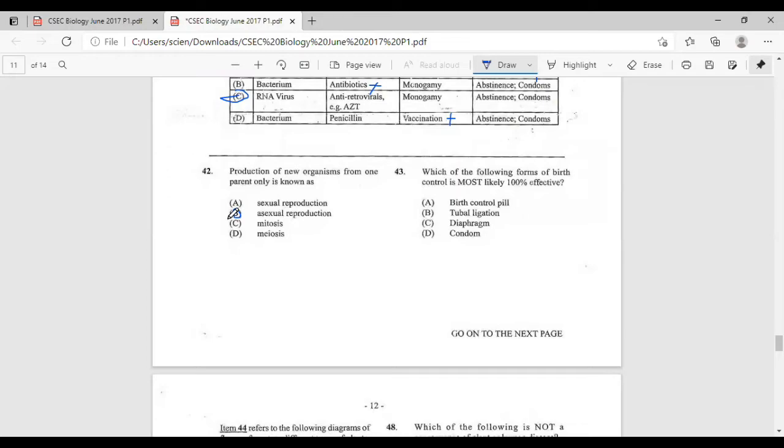Which of the following forms of birth control is most likely 100% effective? So we have A, birth control pill, B, tubal ligation, C, diaphragm, D, condom. So the best possible answer is B, tubal ligation.